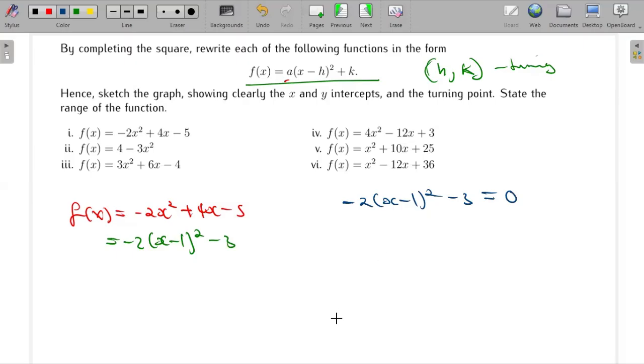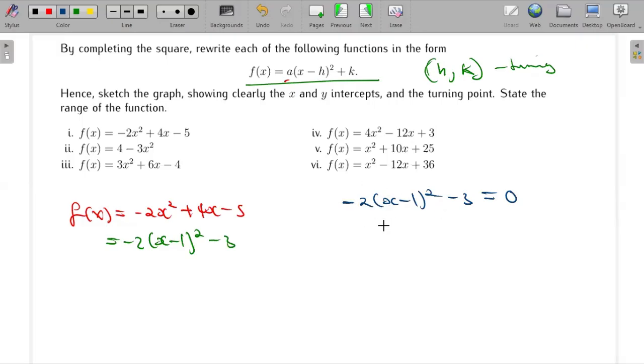So here you're going to get what you found, negative 2 times x minus 1 squared minus 3, and that equates to 0. Here you can multiply throughout by negative 1.